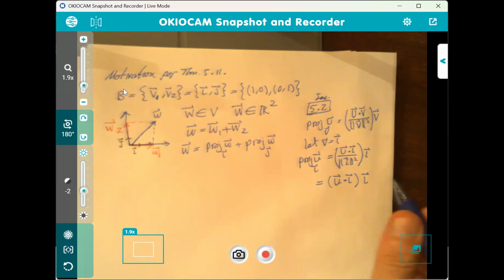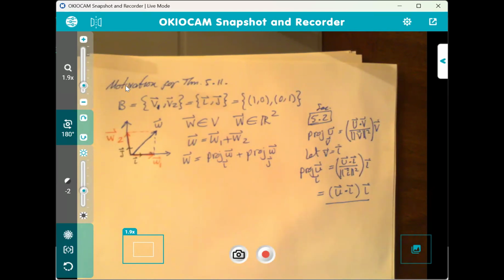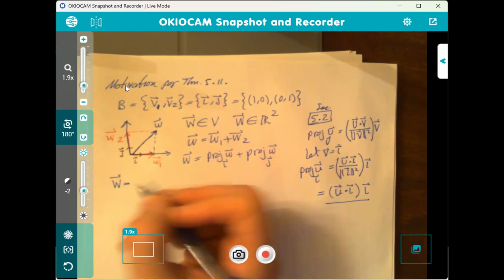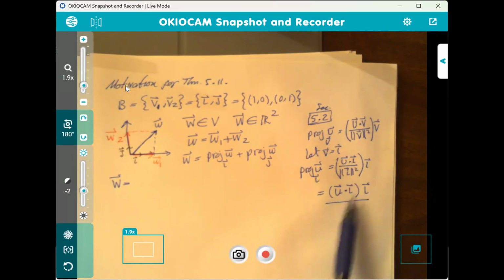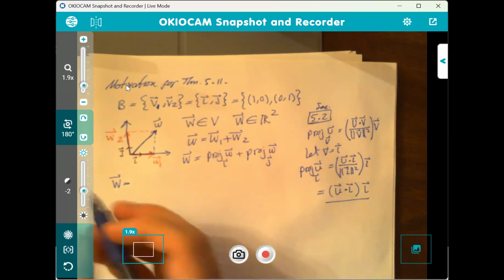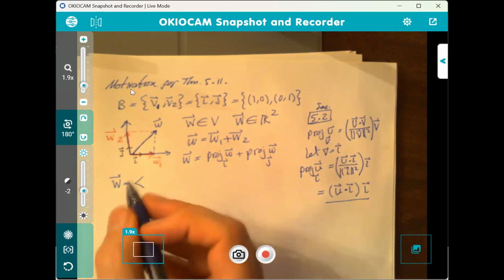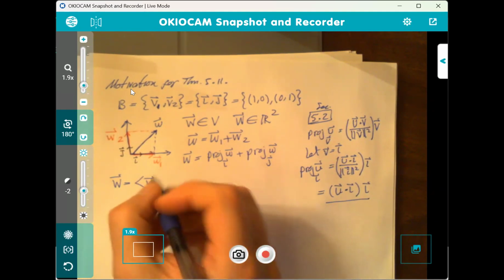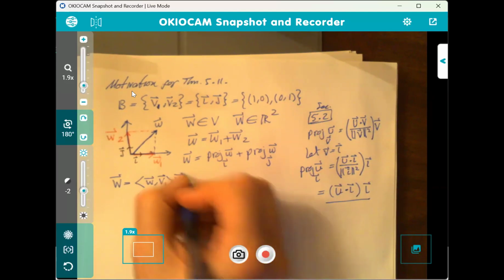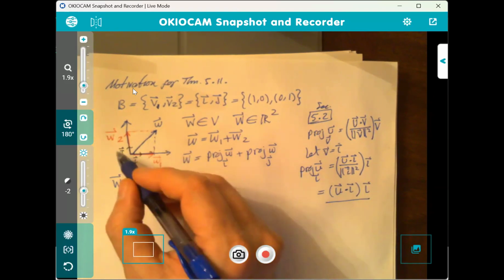So now, from what we just showed, I'm going to replace these projections with what I just wrote down. Because it's a dot product, that's the Euclidean product, I'm going to write it in inner product notation. So the inner product of W with V1 times V1 plus the inner product of W with V2.